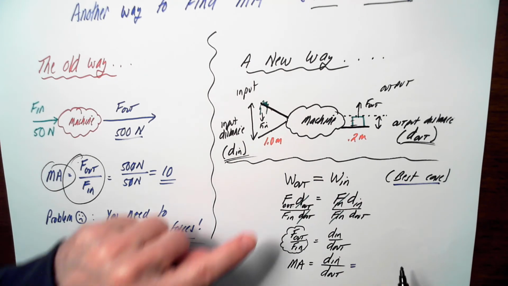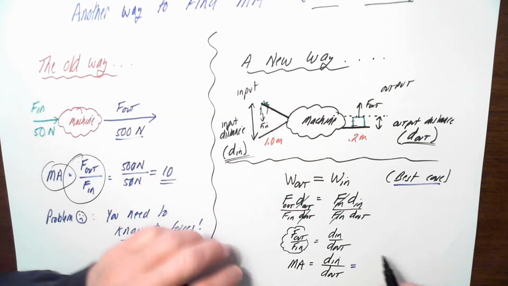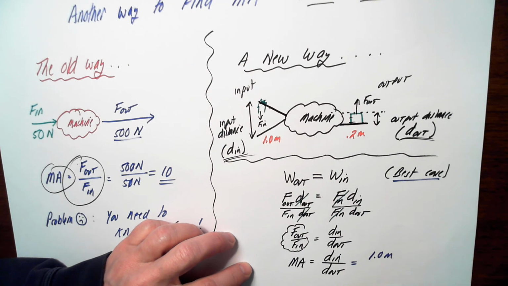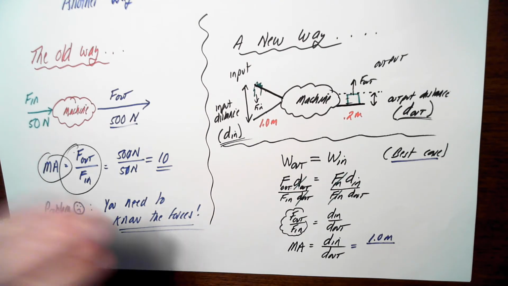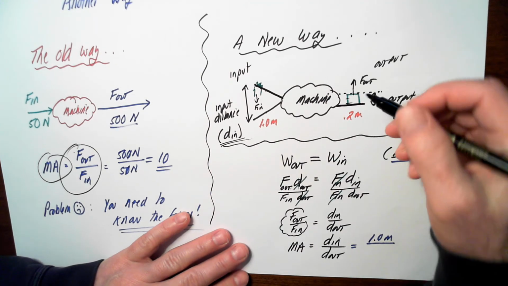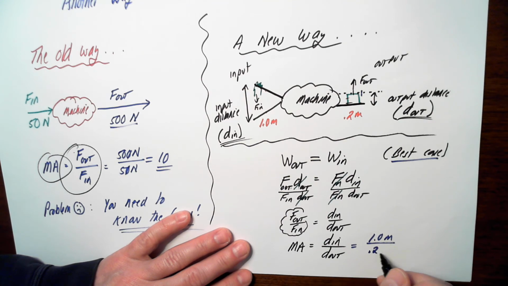All right, well, what is our d in? You pull down 1 meter. Nothing about force, this is all about distance. You pull down 1 meter, and when you did that, the output part of your machine rose up by 0.2 meters. So the meters cancel, so no units.